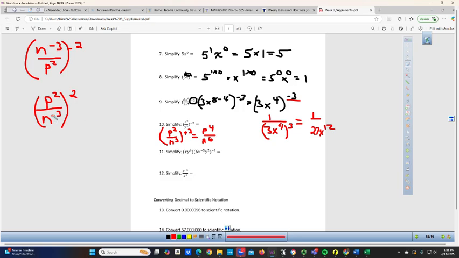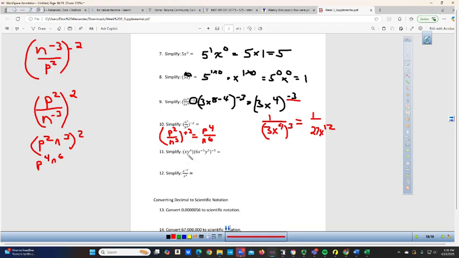And now I can do my negative exponent rule where this becomes p to the 2nd n to the +3rd, all raised to the 2nd. And now I can do my power over a product rule, p to the 4th n to the 6th. So just kind of showing you some different ways in case they switch up the problem just slightly on you.